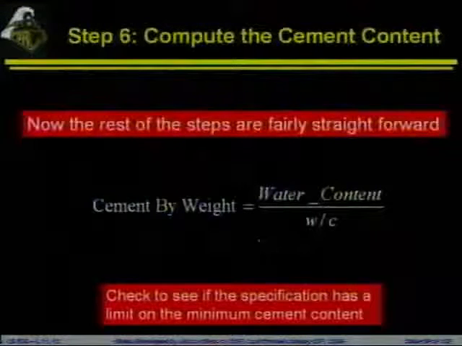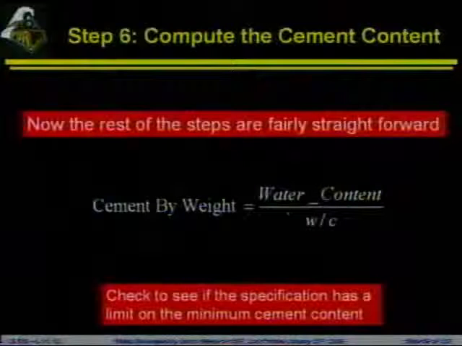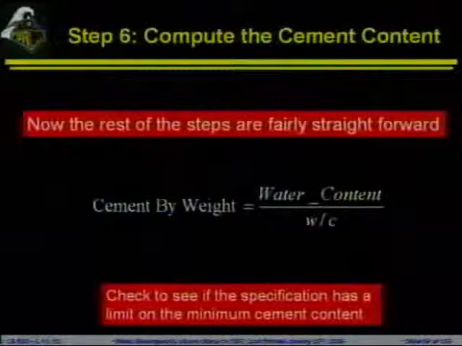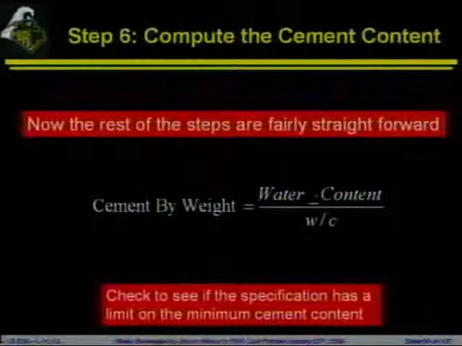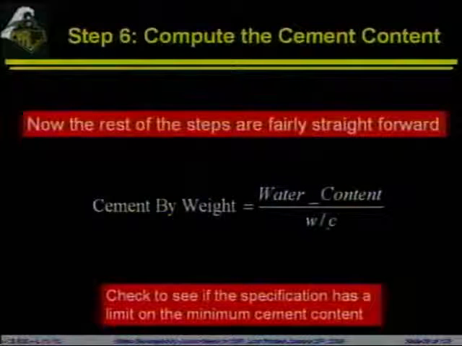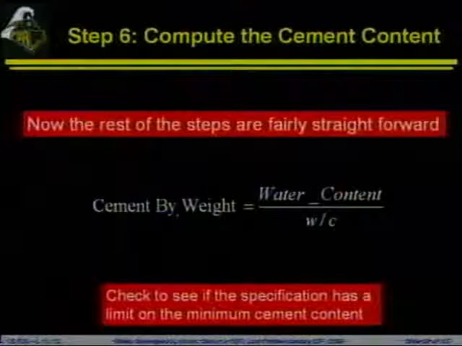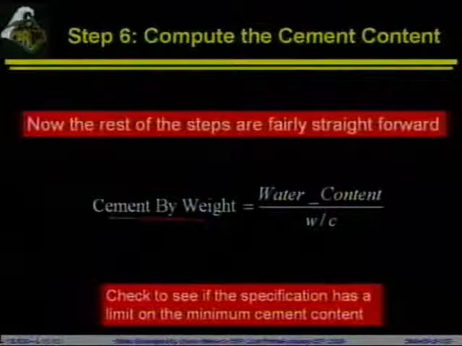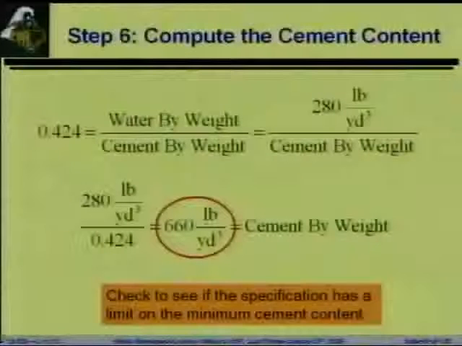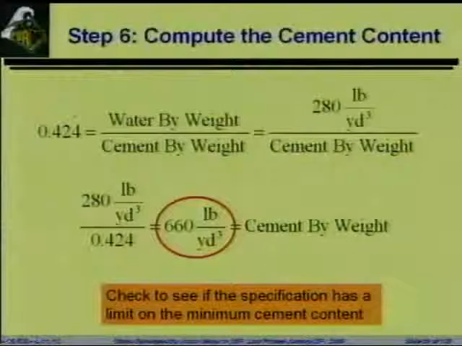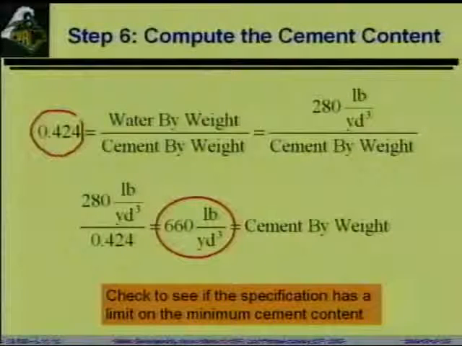Determining the amount of cement: the water to cement ratio tells us the weight of the water divided by the weight of the cement. So if we already know the water content, and we know the water to cement ratio, which we've gotten from step 5, we can now use all of our advanced calculus to determine the amount of cement inside the overall system. So as an example, we said that we had a 0.424 water to cement ratio.